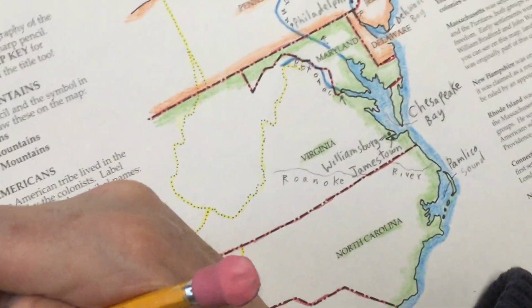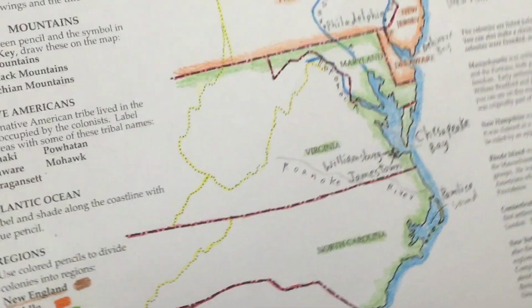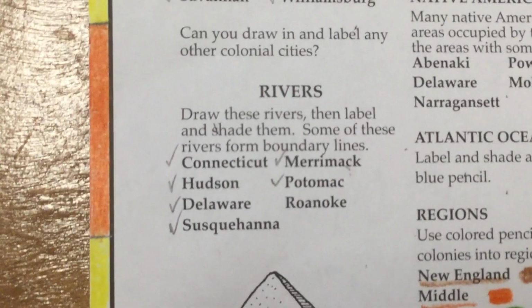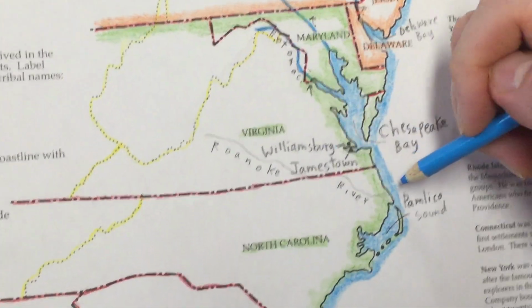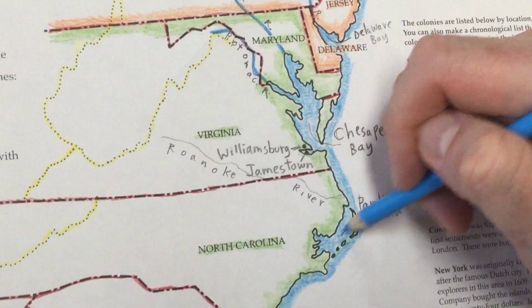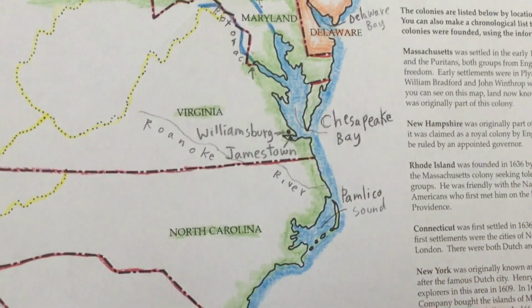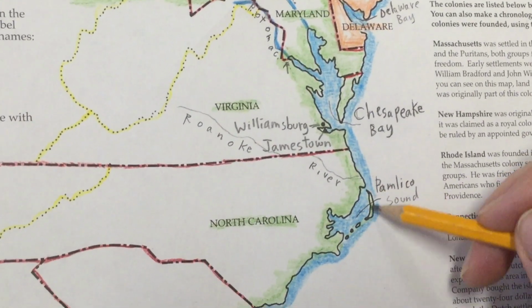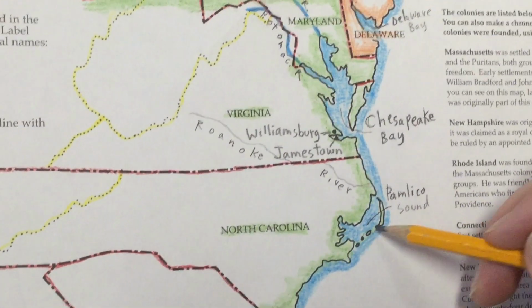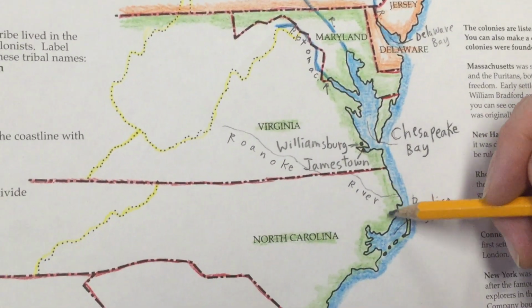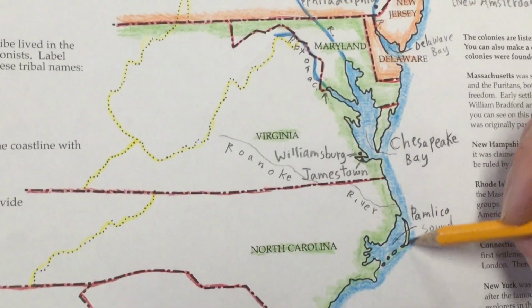That just leaves one more, which is the Roanoke River, and this one enters into the Atlantic just above the Pamlico Sound. I labeled that sound in North Carolina, the area of water behind these outer banks of North Carolina.